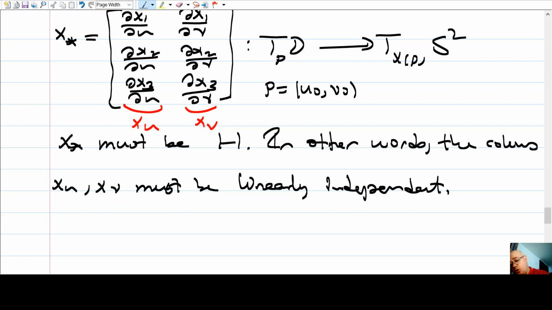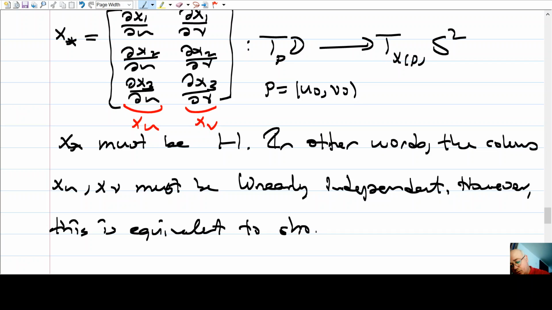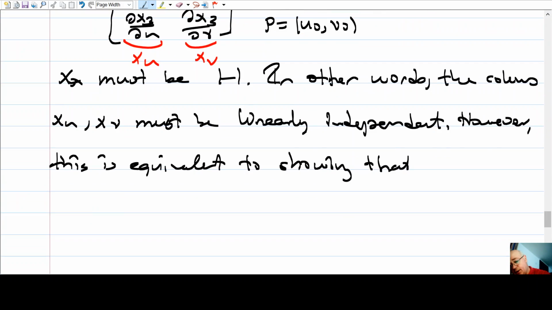How can you show that two vectors are linearly independent? Well, we just take their cross product and show that it is not zero. Okay, so let's compute the cross product.